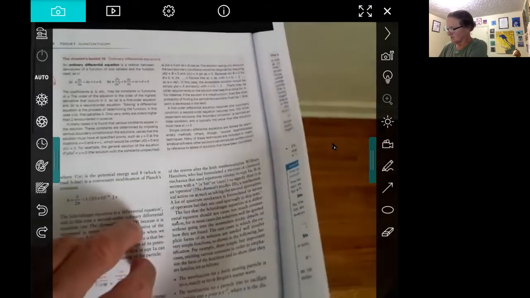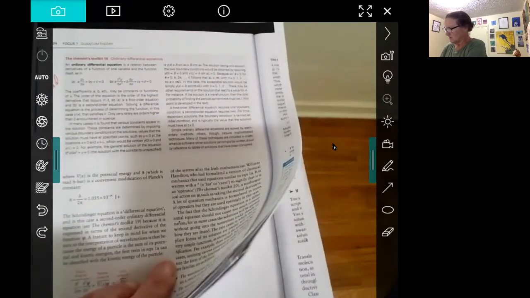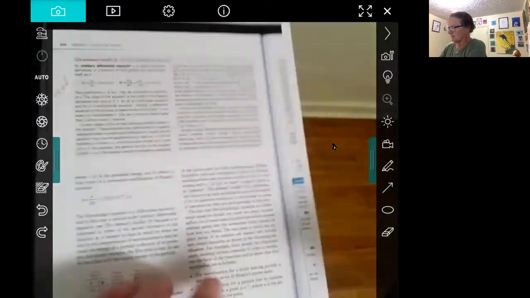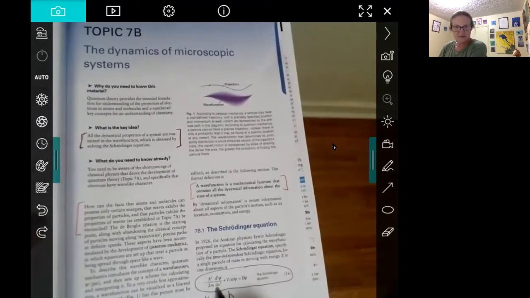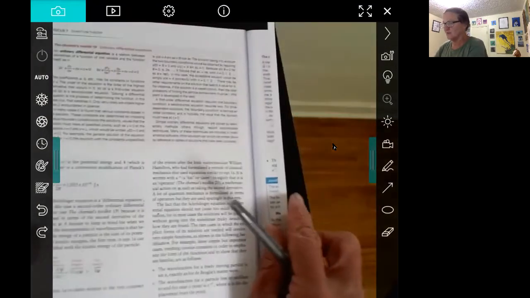So notice Schrodinger's equation is a relationship between the second derivative and the function itself. So it's an ordinary differential equation if we're in one dimension, because it's only a function of one variable.